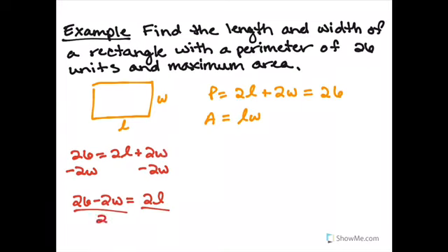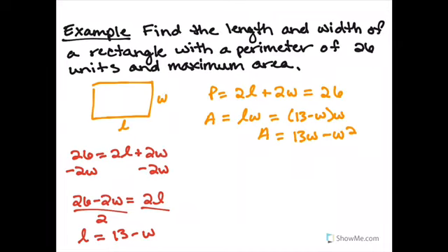Divide everything by 2, and we get L equals, now 26 divided by 2 is 13, and 2W divided by 2 is just W. So we get 13 minus W. So if I plug that in to my area equation, we get 13 minus W times W, which is 13W minus W squared. So that's my area.